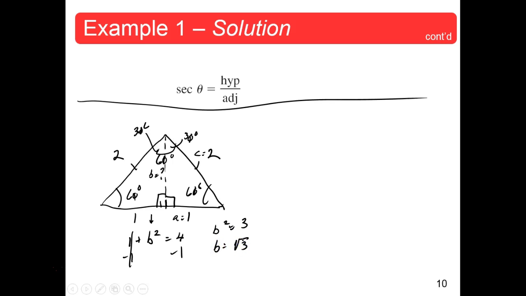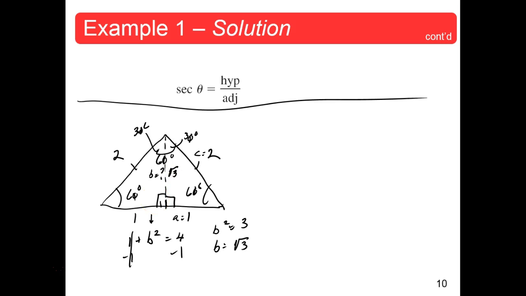And you don't have to do plus or minus, because none of our sides of a triangle is going to be negative. Okay, later we'll have them going in the negative direction, but the length is still positive. Okay. So there's b is equal to root 3. Okay?